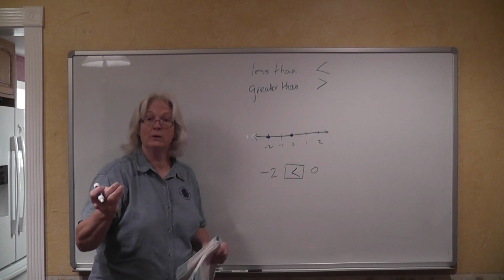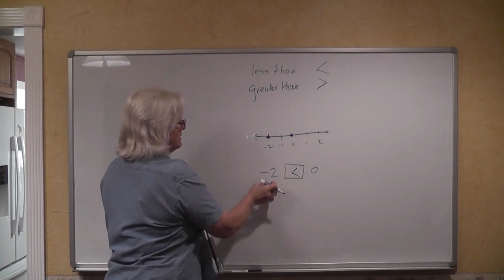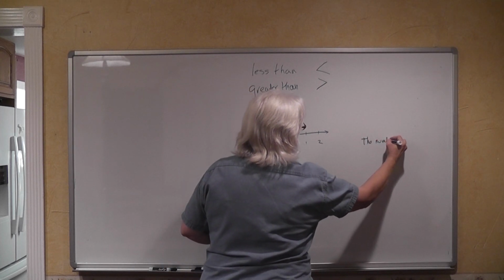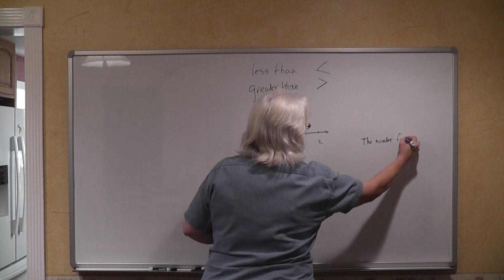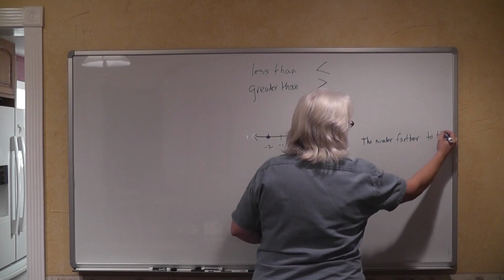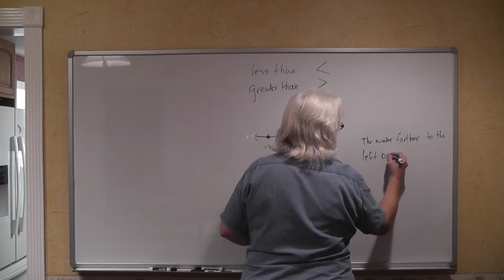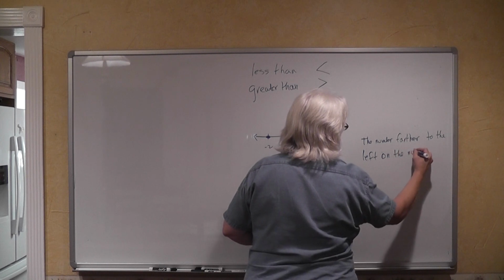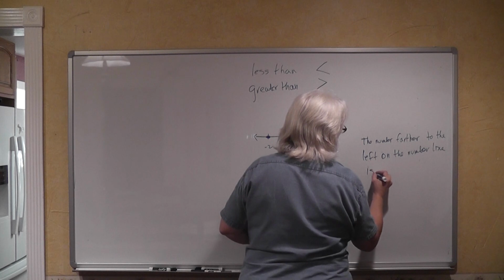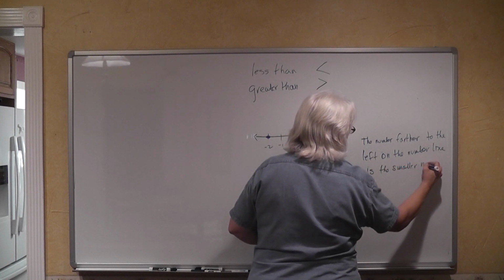The way that will help you determine what number is less than the other when you have negative numbers is the number farther to the left on the number line is the smaller number.